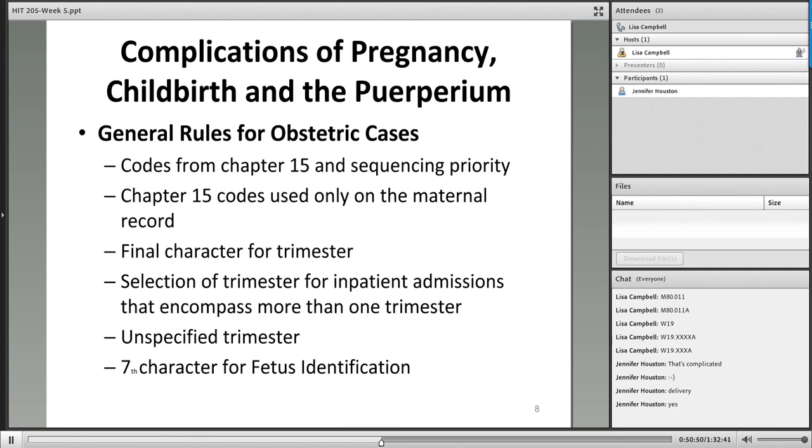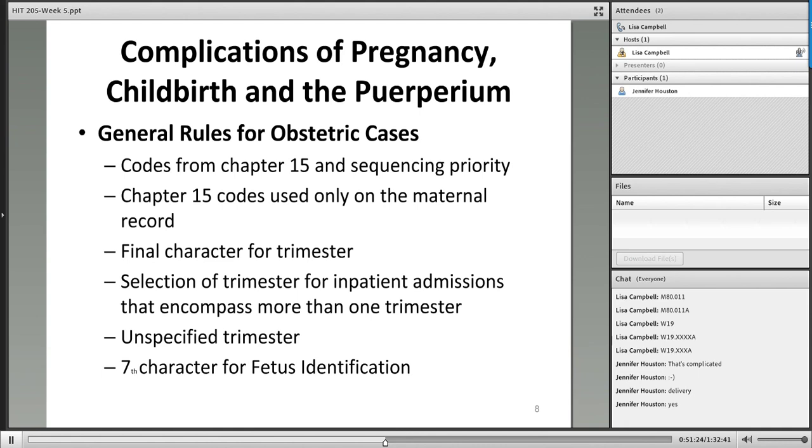The other thing I wanted to mention is we talked about that a lot of these codes show the trimester. We also talked about the Z3A, which is a secondary code that shows the weeks of gestation. We also talked about the 7th character that shows the fetus identification when there's a complication during delivery.